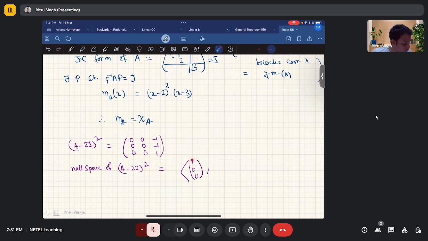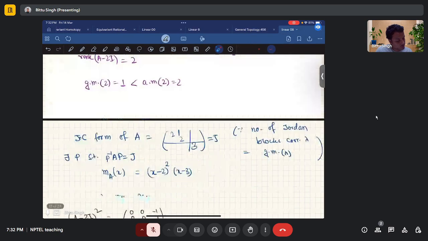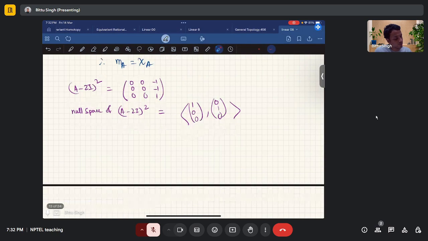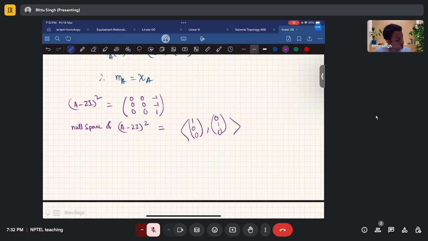So put one corresponding to the first, and another one corresponding to the second. So the solution space will be those. Now we can see that 1 0 0 is already in the solution space of A minus 2I, because 1 0 0 times A minus 2I gives 0.